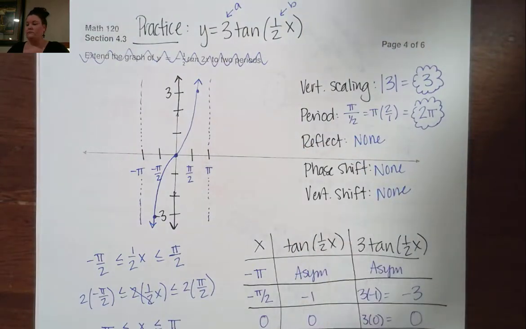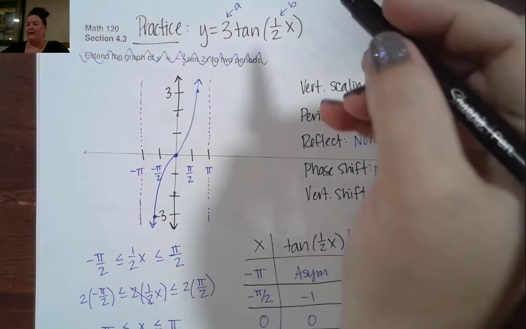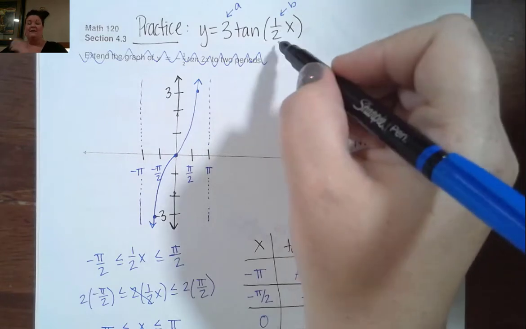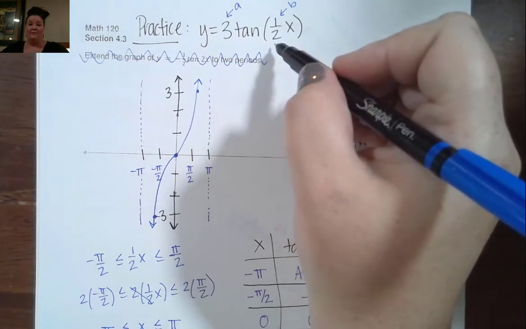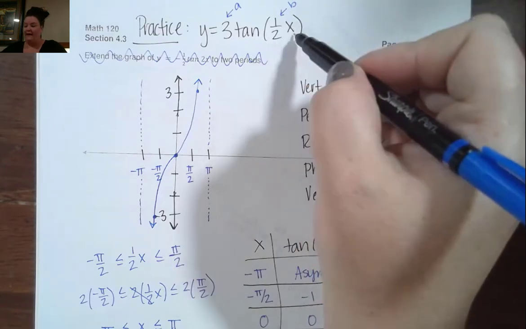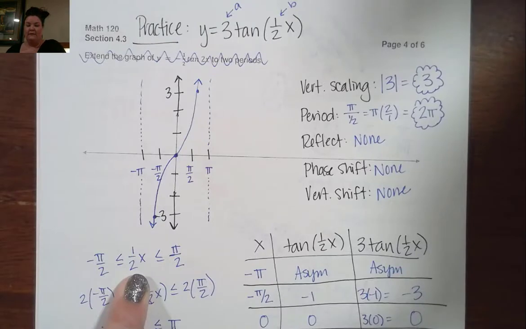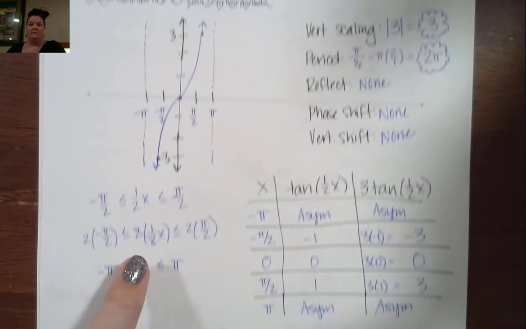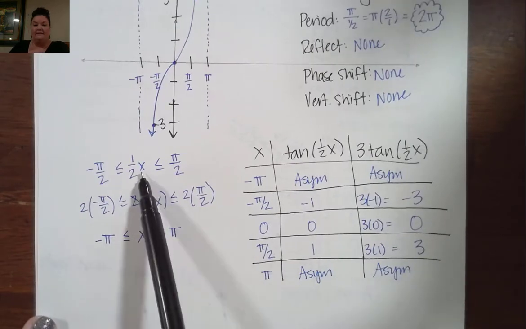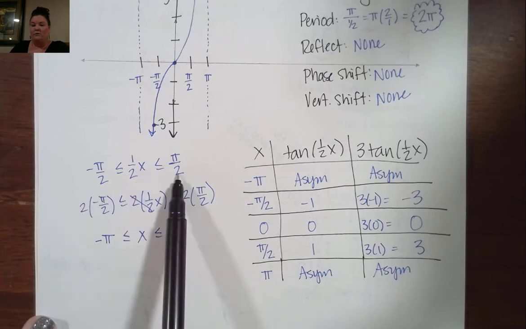Okay? So then what we want to do is go ahead and take whatever is inside our function and adjust our x's so that we get those really nice, pretty y values. Okay? So I'm going to take whatever's inside the tangent function, which here is 1/2 x, and I'm going to put it between our regular start and end cycle for tangent, which is negative pi over 2 to pi over 2. Okay, let's get this up. So in order to get x by itself, I need to multiply by 2 in all 3 areas.